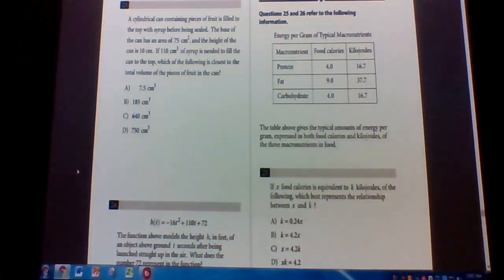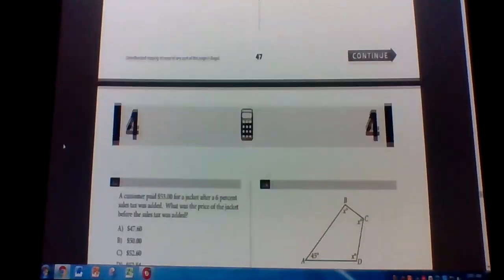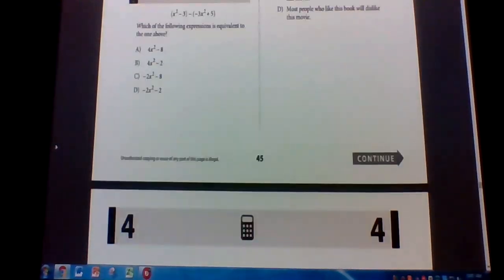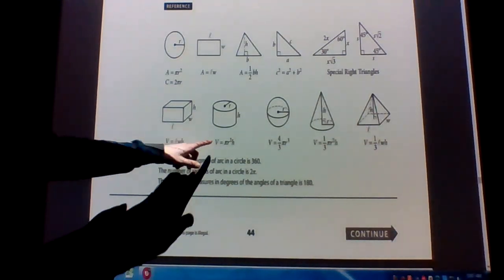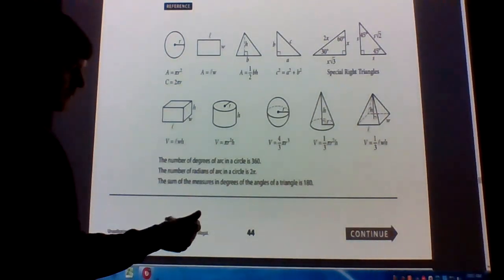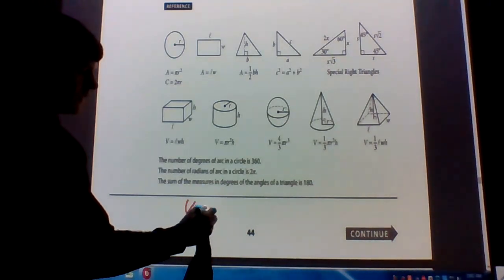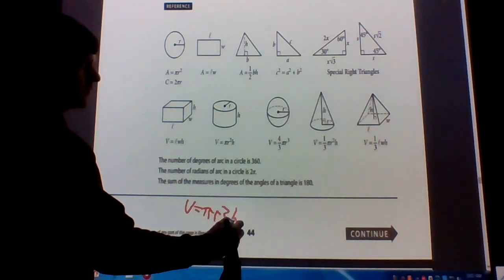Right, so if we look here, way up, back to the front page, okay, we have a volume for our cylinder. Our volume is pi r squared h.